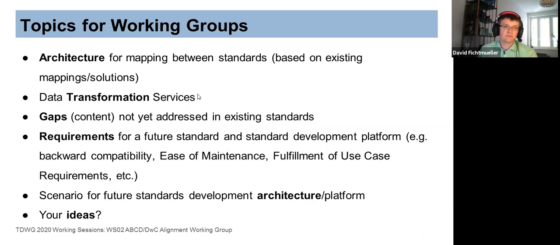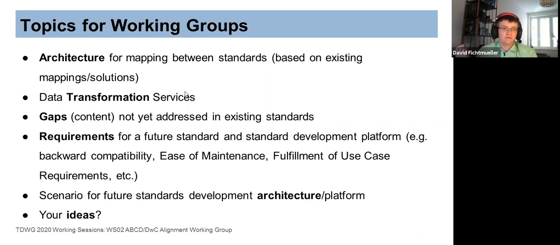Then once we have mappings, what good are mappings when you cannot automate the transformation? In the end, all we need the mappings for is to be able to convert from one standard into another, or to get some common queries run on both standards.